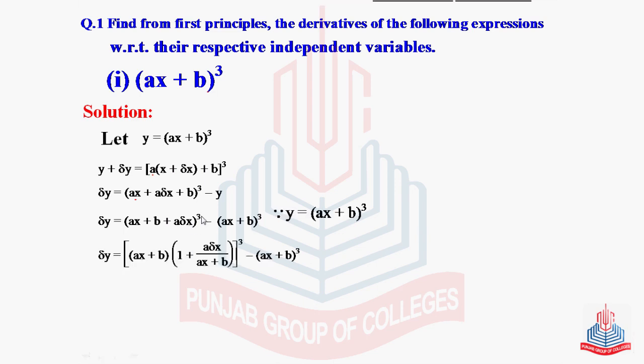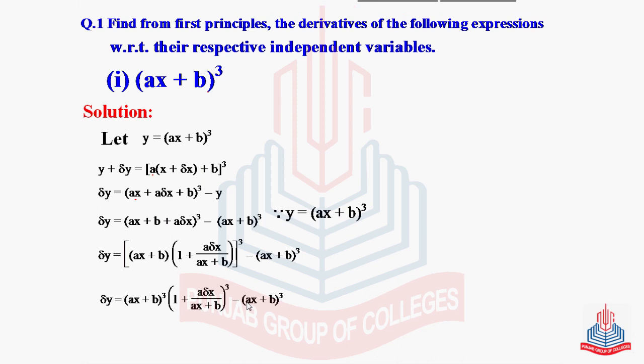Now delta y is equal to (ax + b), which will become a common factor to form our binomial series. So that will become (1 + a delta x over (ax + b)) whole raised to power 3, minus (ax + b) whole cube. And delta y is equal to (ax + b) cube times (1 + a delta x over (ax + b)) cube minus (ax + b) cube.